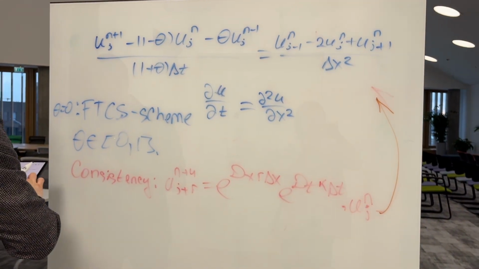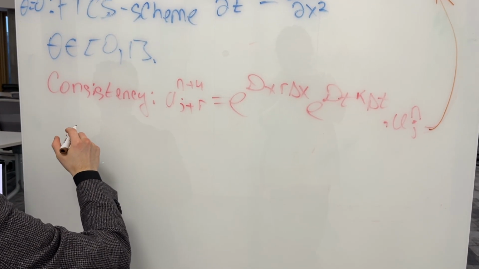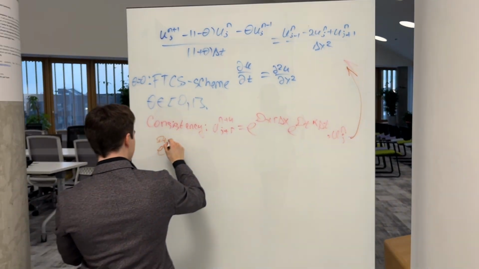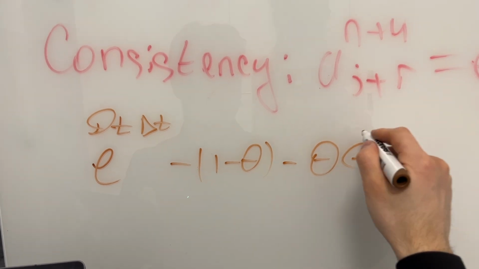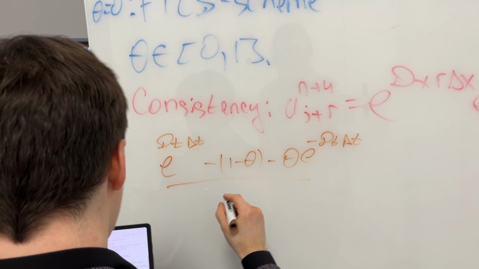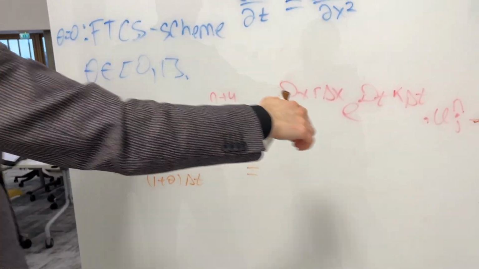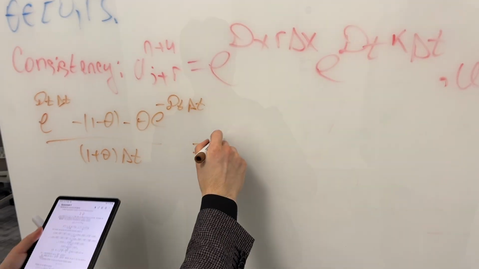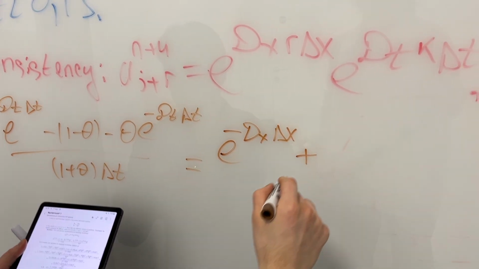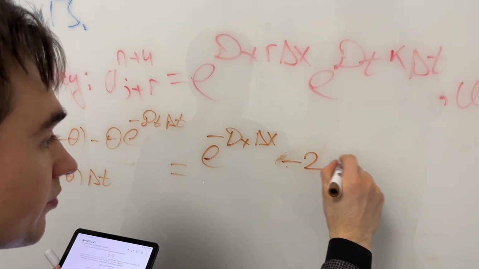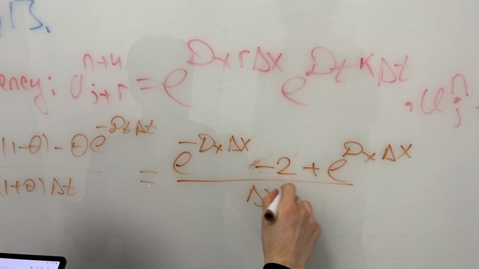So what will we get in the end? We will get the following: E to the power of delta t D_t minus 1 minus theta, e to the power minus delta t D_t over 1 plus theta delta t D_t is equal to, well, I have already crossed out u_j^n, and on the right hand side we have exponent to the power minus dx D_x plus minus 2, and plus exponent to delta x D_x with the plus sign, divided by delta x squared.